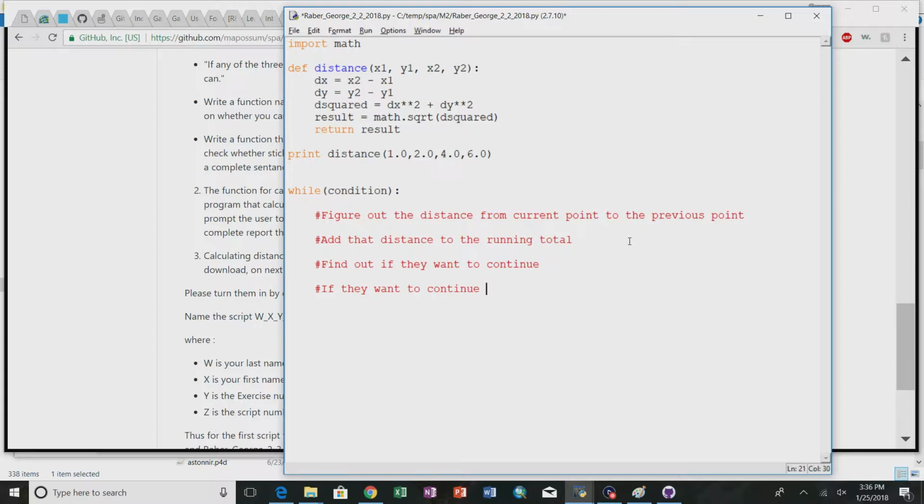If they want to continue, ask for another point. And then, if not, report the total distance. All right. So that's all we need to do there.